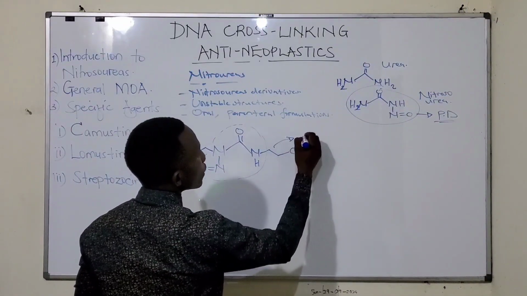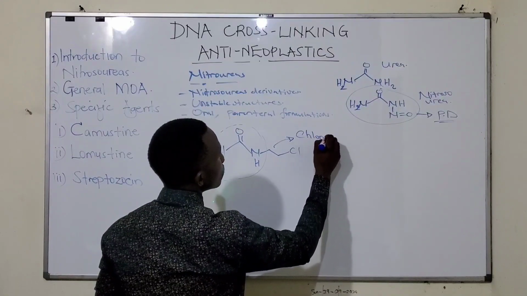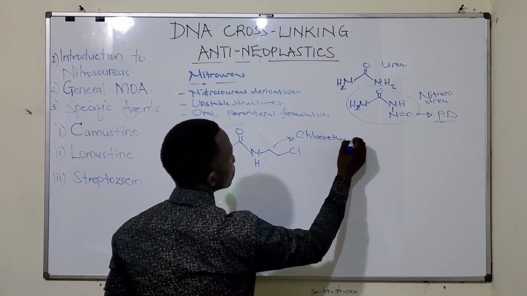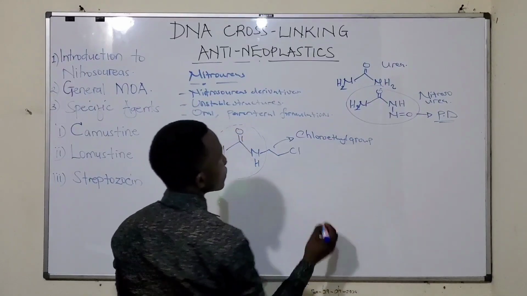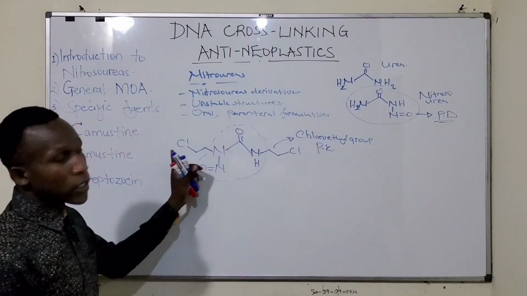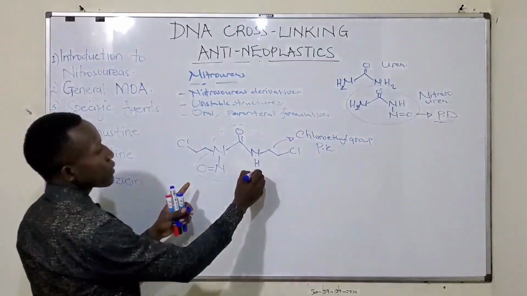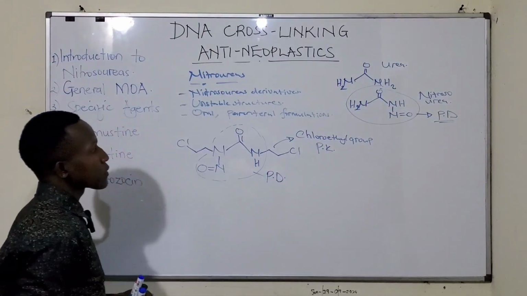This chloroethyl group determines the pharmacokinetics. These two chloroethyl groups. So this is the pharmacophore which determines the pharmacodynamics.